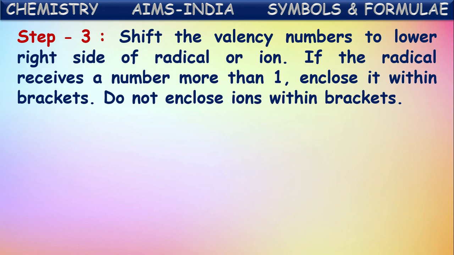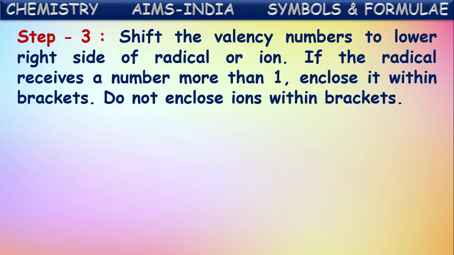Let us recall the steps once. First, we have to write the positive ion or radical, followed by the negative ion. And then we have to mention their valencies on the right top. Next, we have to eliminate the common factor from their valencies, or divide these two valencies by the highest common factor to get the least ratio.